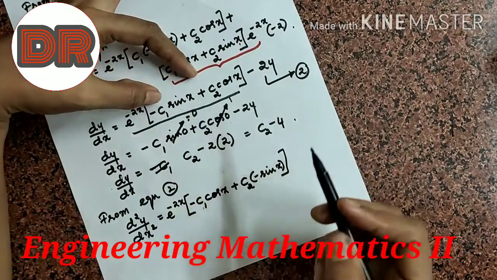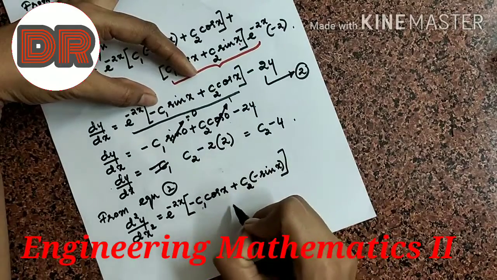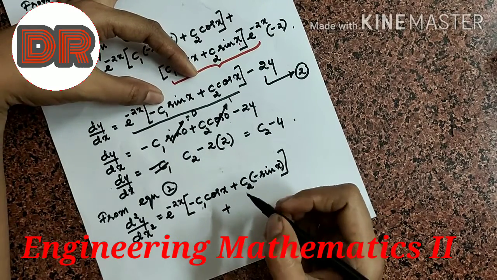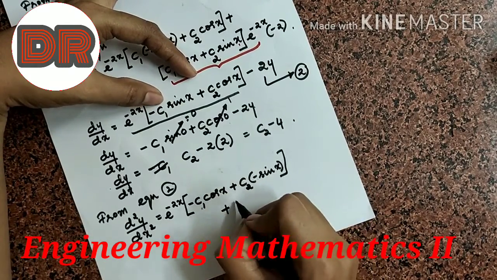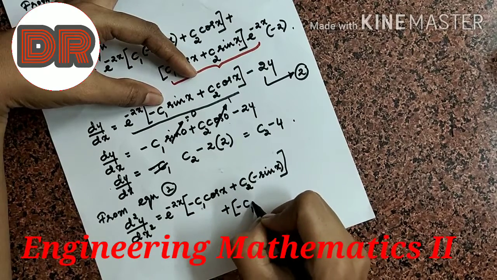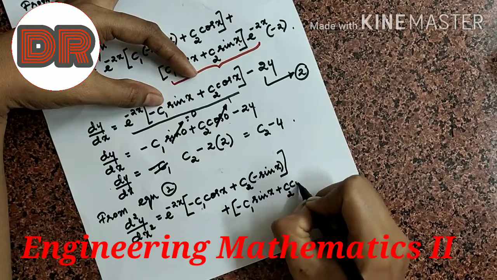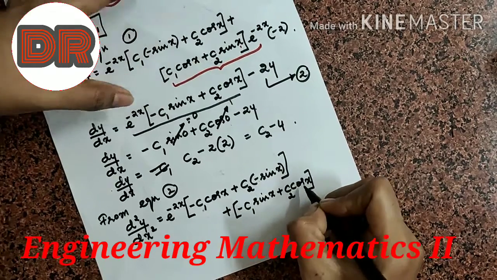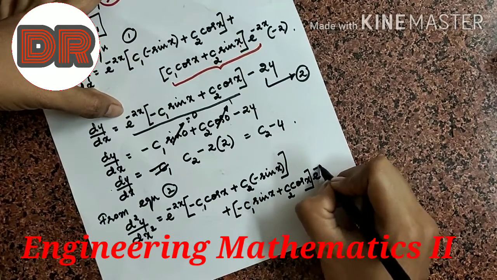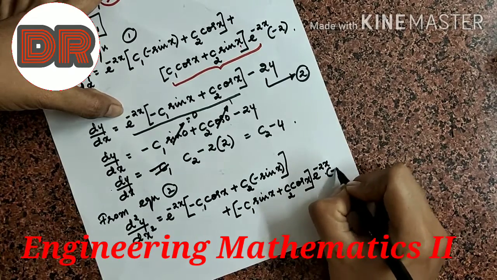Product rule for this, so plus this term, the second term, that is minus c1 sin x plus c2 cos x into the differentiation of the first term, that is e to the power minus 2x into minus 2.